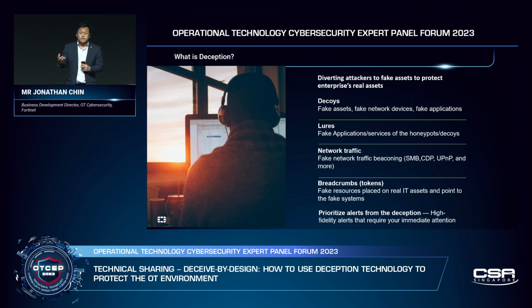The third thing is traffic. Interactive traffic makes people think that it is a real device and a real network. And then breadcrumbs, where you put fake resources on real IT assets and real devices, and point them to the fake system.